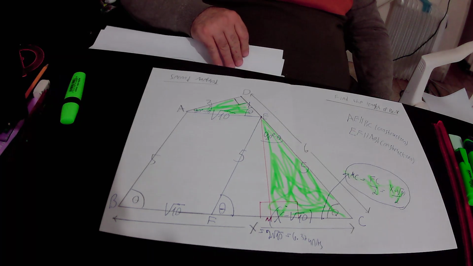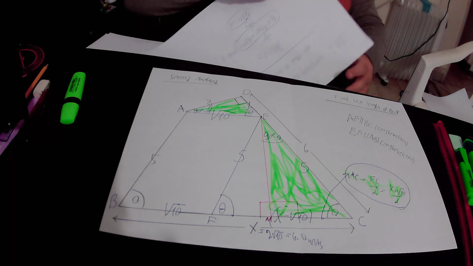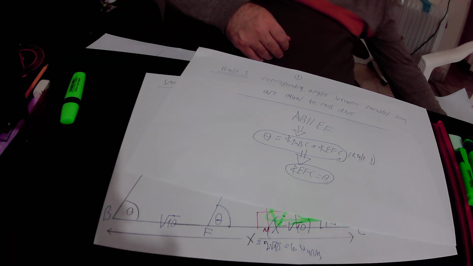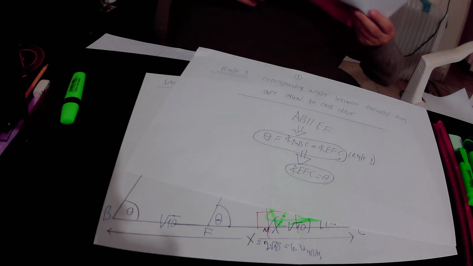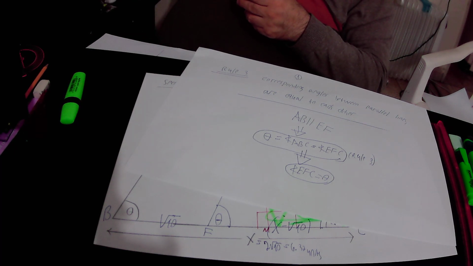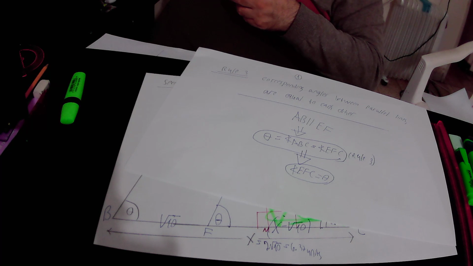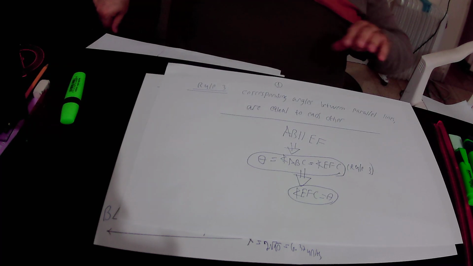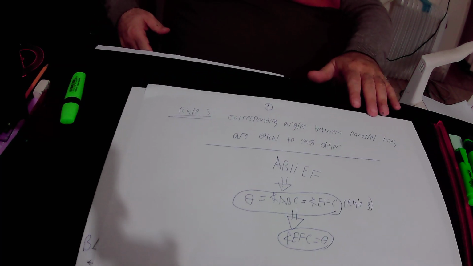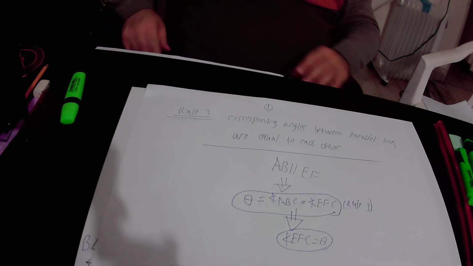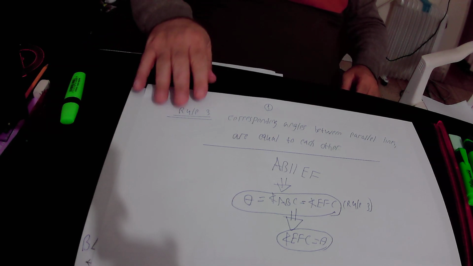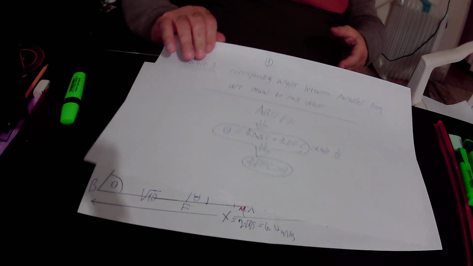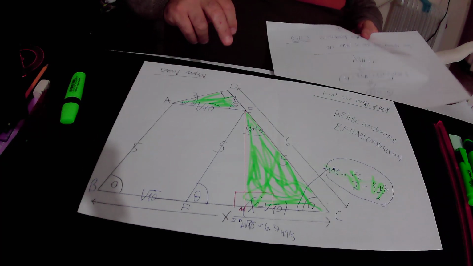Then I presented to you rule number 3. According to rule number 3, corresponding angles between parallel lines are equal to each other. So here we know that AB is parallel to EF according to our construction.